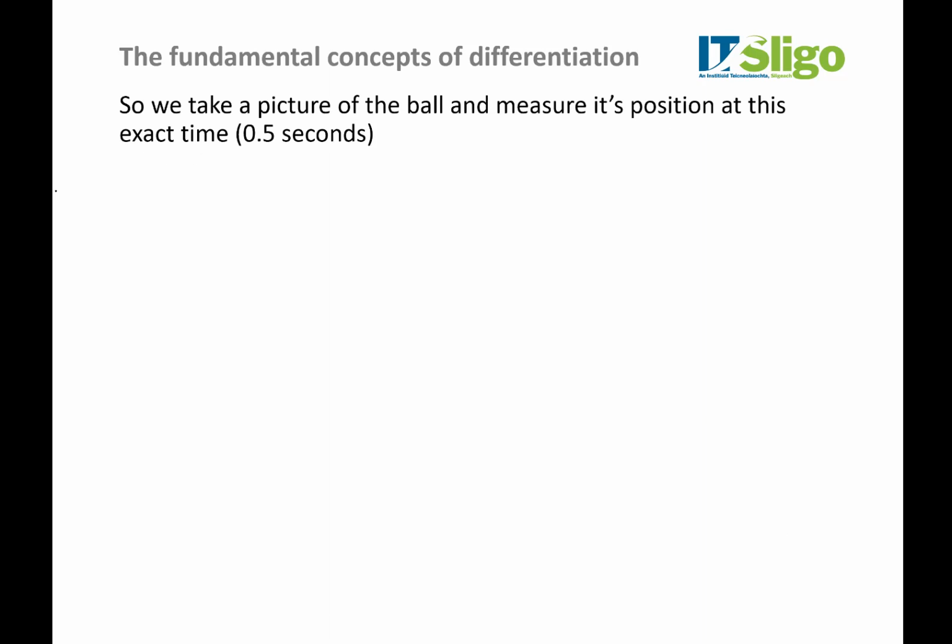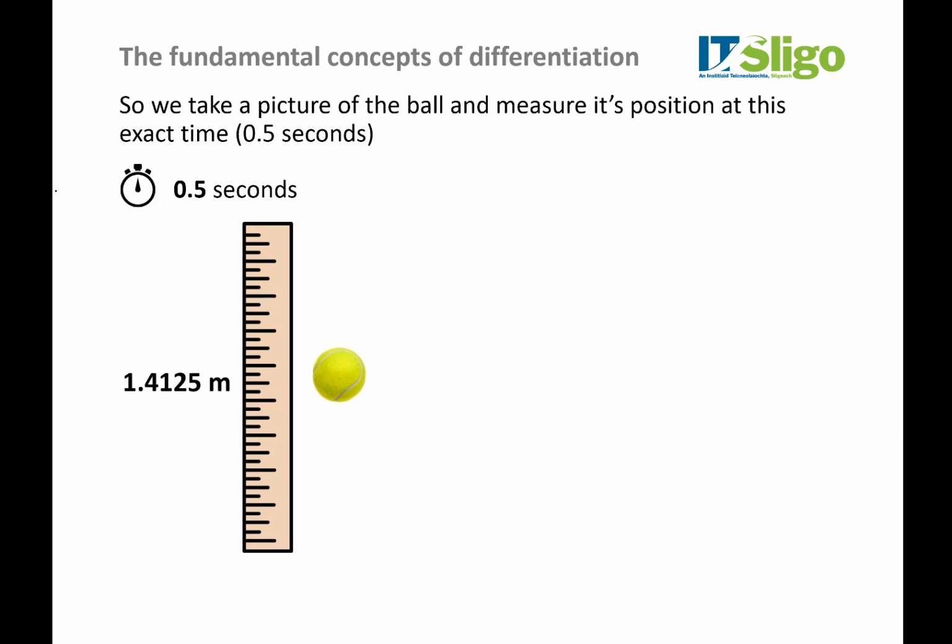We're going to take a picture of the ball at this time and measure its position at this exact time. So at 0.5 seconds, we measured the ball is at 1.4125 meters height. And if we were to create it as a point on the curve, it'd look like this, as I've written down here.